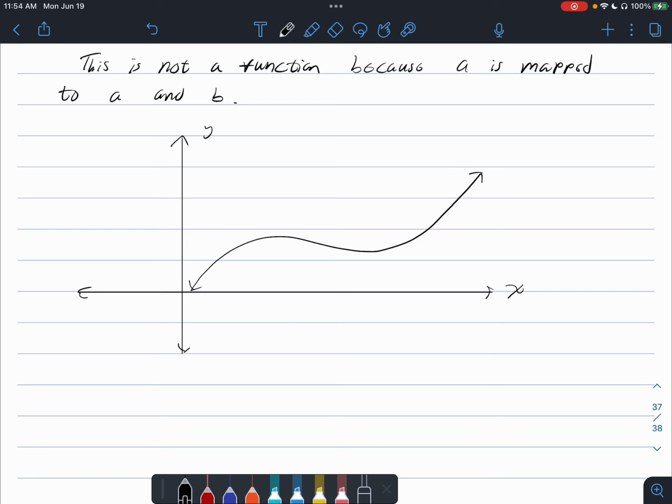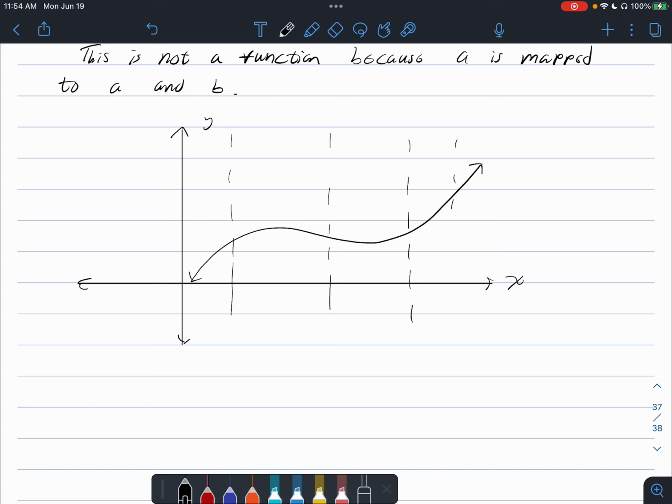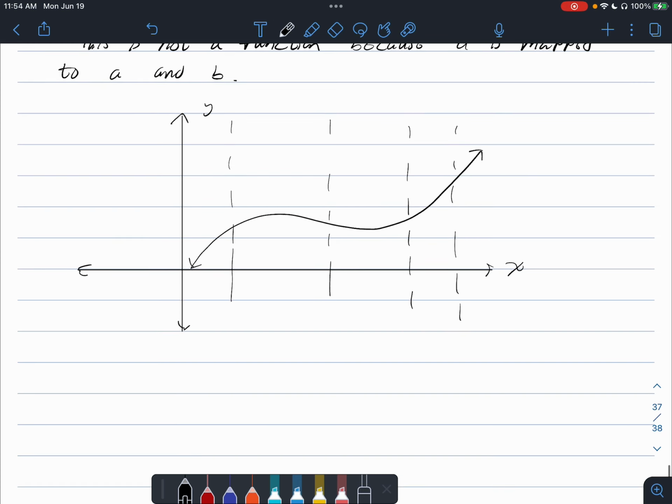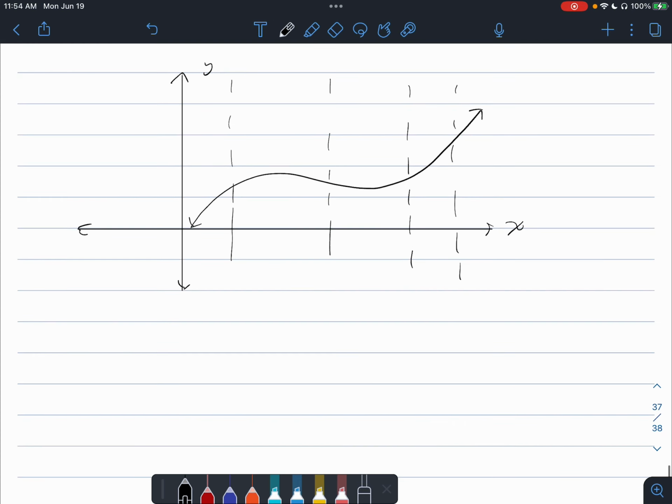How would you know if this is a function? We perform the vertical line test. We can draw vertical lines anywhere along the function, and if we only pass through one point, that means we have a function. So in this case, we do have a function.